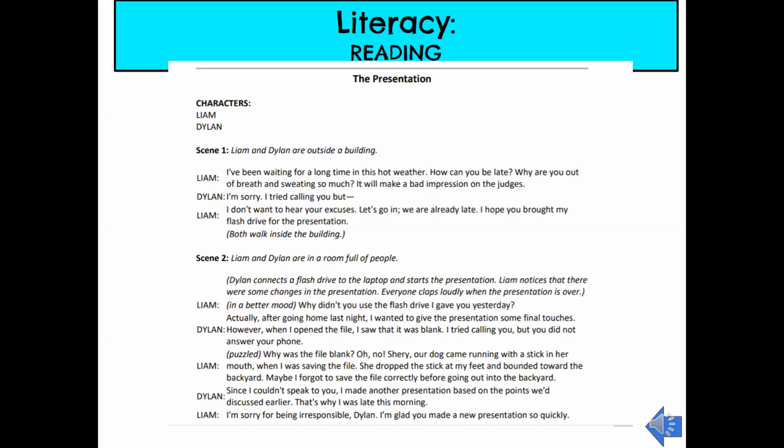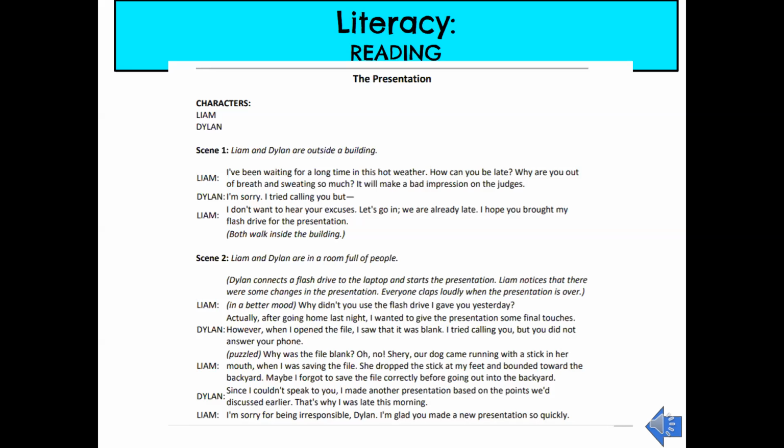Liam: Why didn't you use the flash drive I gave you yesterday? Dylan: Actually, after going home last night, I wanted to give the presentation some final touches. However, when I opened the file, I saw that it was blank. I tried calling you, but you didn't answer the phone. Liam, puzzled: Why was the file blank?